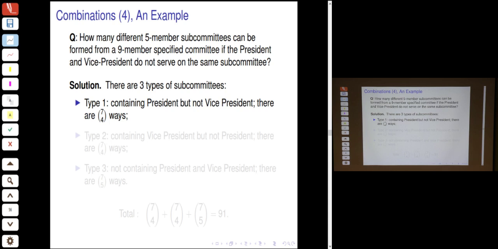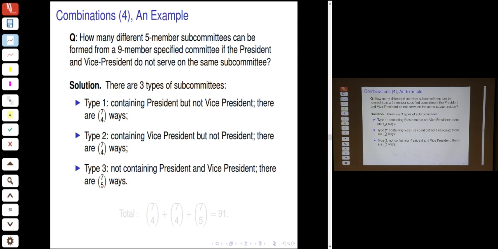So to get the remaining members, I only have 7 people. Okay, so that's why it's 7. Now, among the 7 people, I only need 4 of them, so it's 7 choose 4. By the same reason, if I already determine I include the vice president, same number. Now, the last one does not have both of them. So it's 7 choose 5. Altogether it is this number.